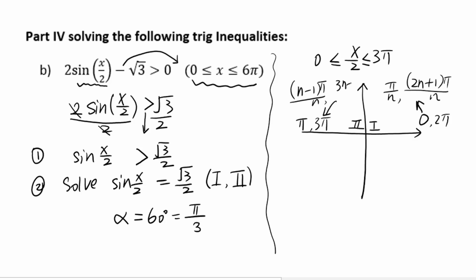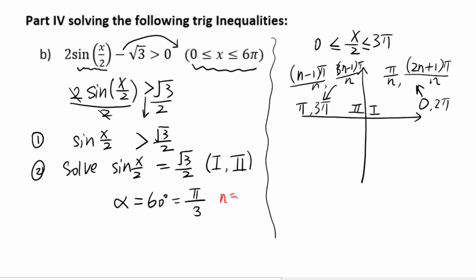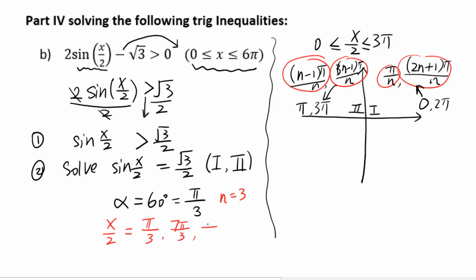Therefore, when n equals 0 and 1, we plug into this pattern, and you will get solutions for x over 2 equals pi over 3, 7 pi over 3, 2 pi over 3, and 8 pi over 3.